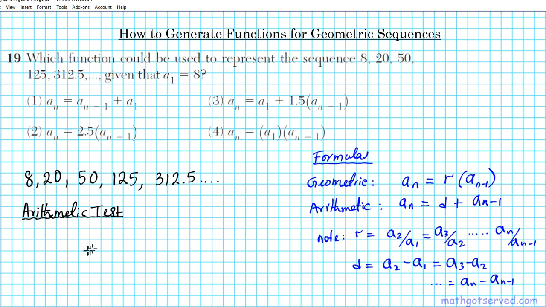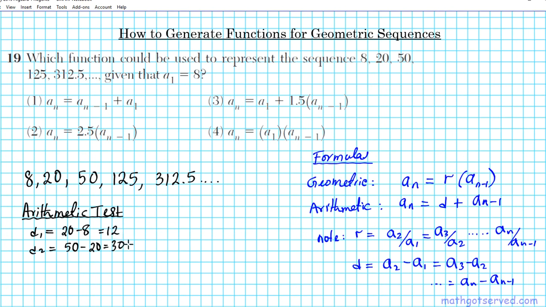Alright, so first one, D1, difference 1, we're going to subtract the first two, 20 minus 8. What is 20 minus 8? That's 12. Looking good. Alright, so difference 2, we're going to take the next two terms, 50 minus 8. No, sorry, 50 minus 20. 50 minus 20 is 30. Uh-oh.